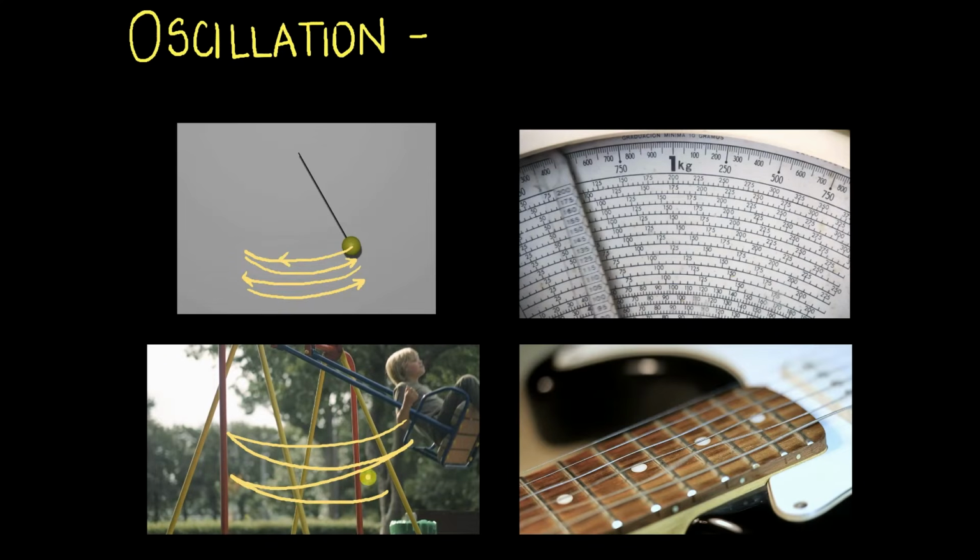Even with the needle of this weighing scales, there's a back and forth motion happening. And similarly with the strings of the guitar, the particles on the string move back and forth. And that is one of the most basic things about oscillatory motion, that oscillatory motion is repetitive.